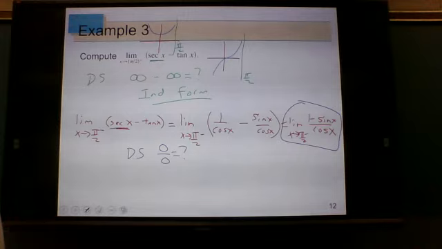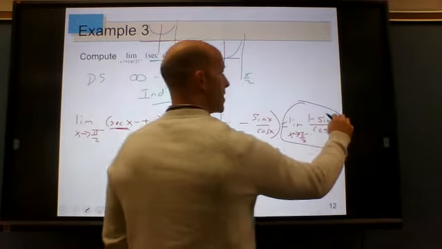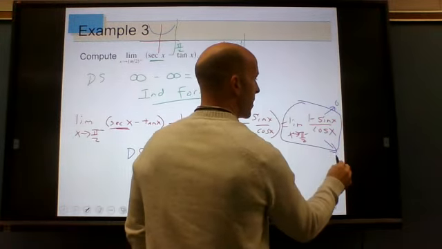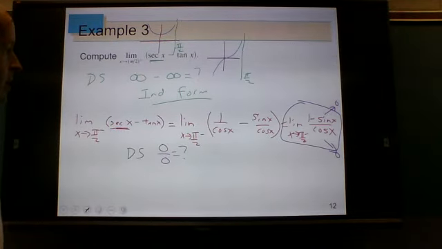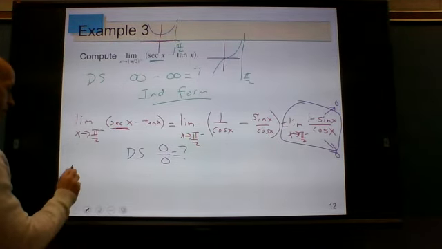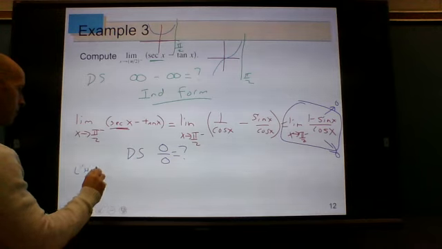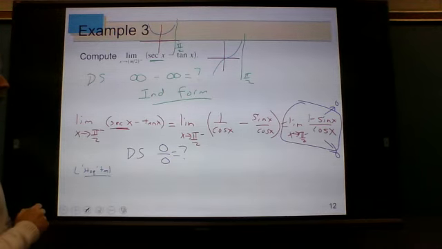This denominator is going to go to 0, and the numerator is going to go to 0. So we're going to have to go to L'Hopital again.